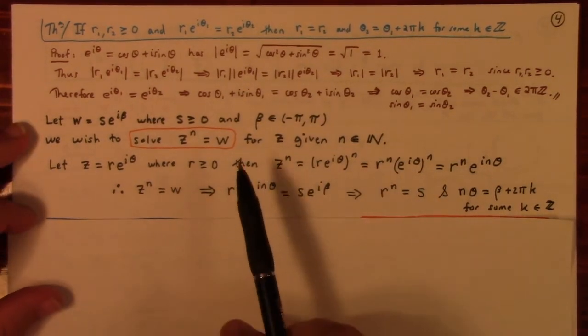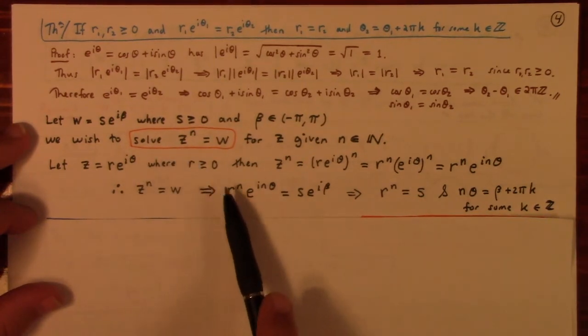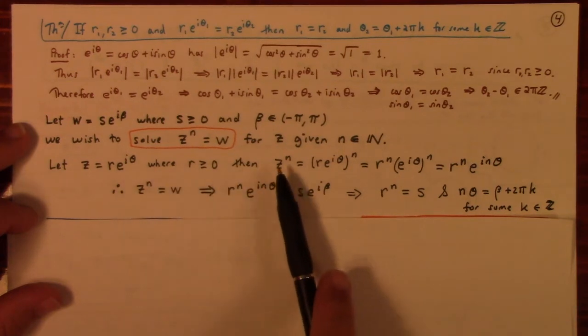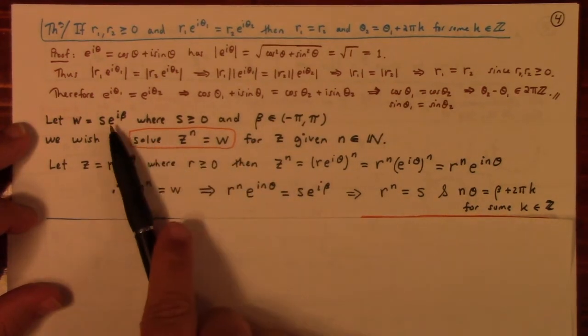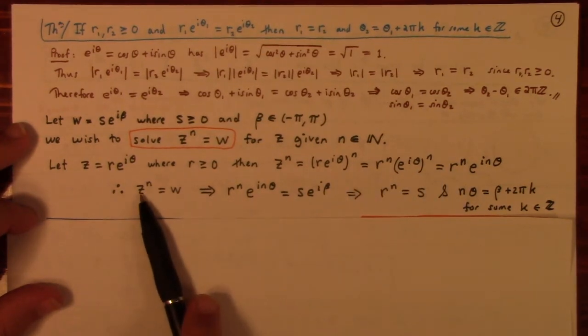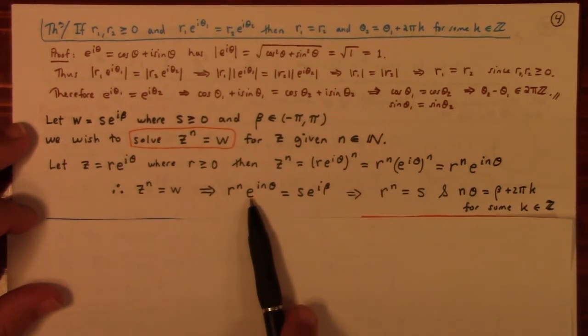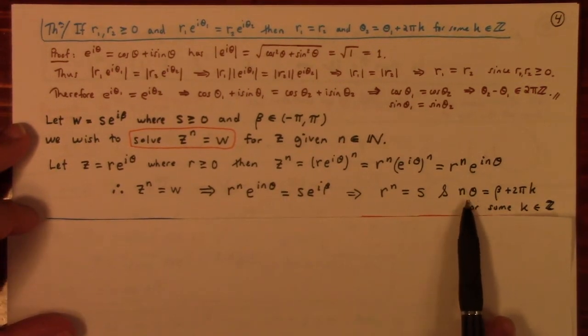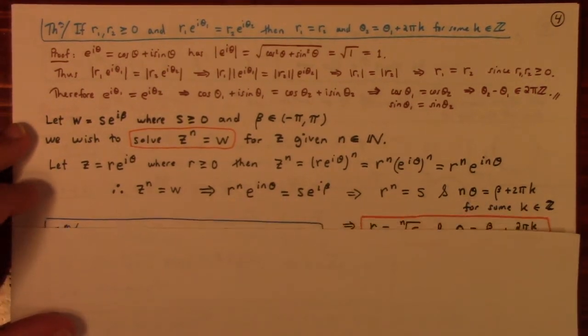So my approach here is to put both into polar form. The z, which we don't know, is r e to the i theta, and the w, which we're given, is s e to the i beta, and I equate those. That gives me z to the n is r to the n e to the i n theta equals s e to the i beta, which means that r to the n is equal to s, and n theta is equal to beta plus 2 pi k.